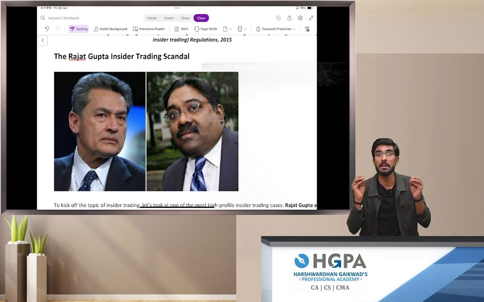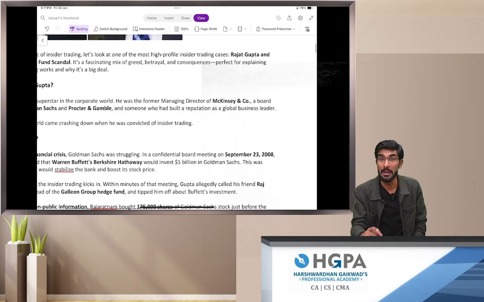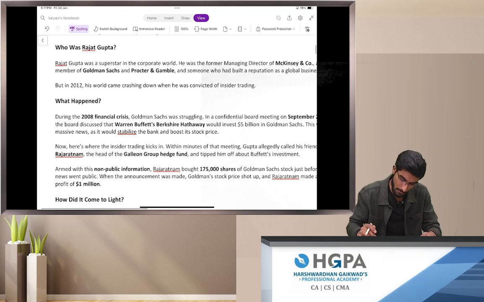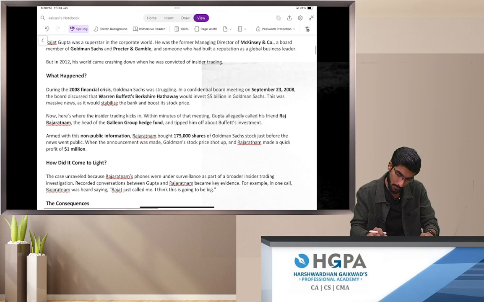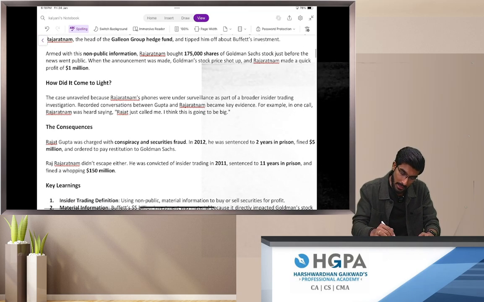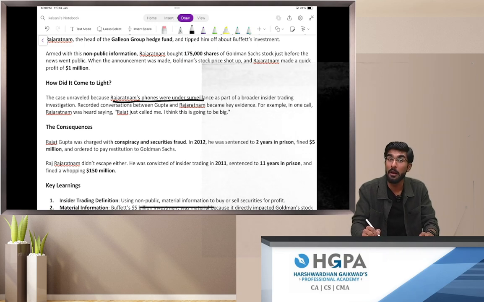This was the case. Now let's understand what were the consequences of this message being leaked. The case unraveled because Rajaratnam's phones were under surveillance as part of a broader insider trading investigation.